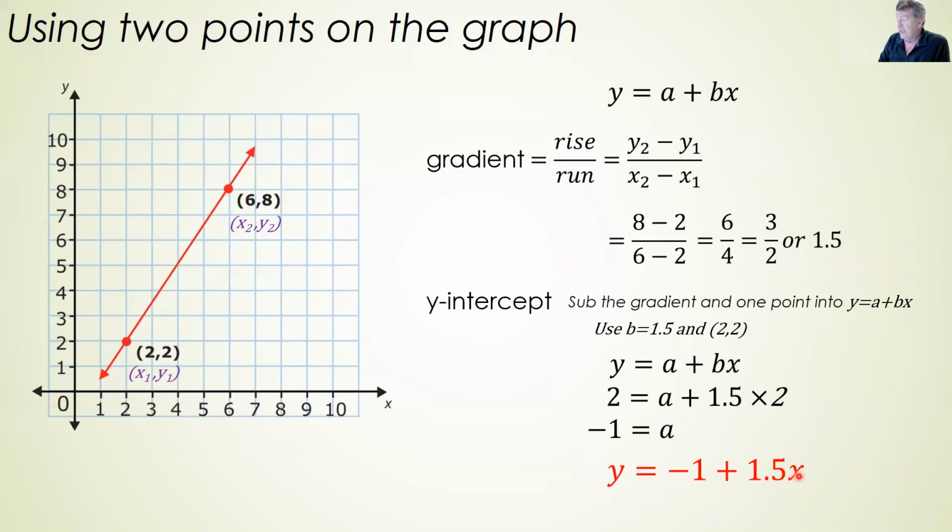Certainly write the y and x in the equation, but then rewrite your answer using your variables down here on the x, down here on the y. So if it was day and, I'm trying to think of another one, number of ice creams sold, you would write number of ice creams sold equals -1 plus 1.5 times the day.